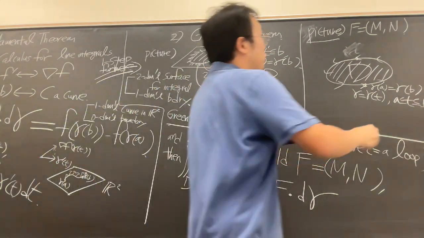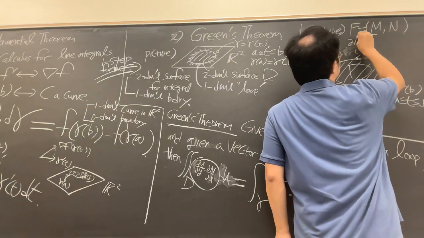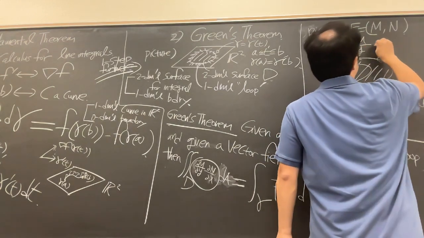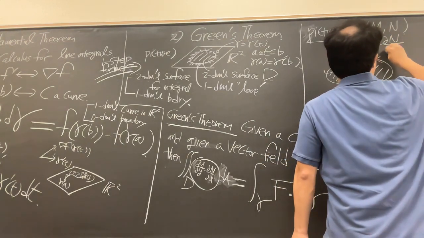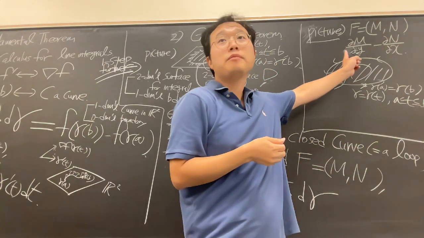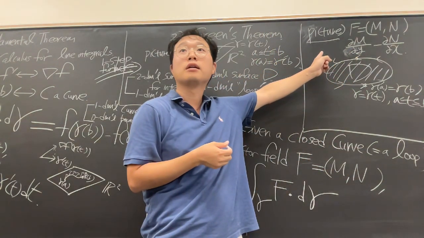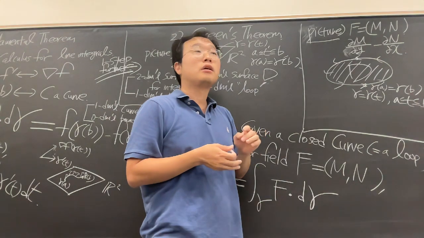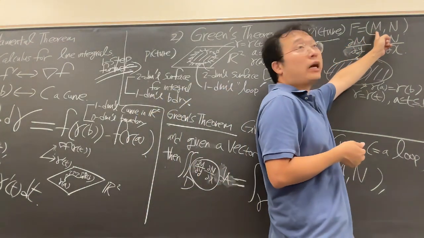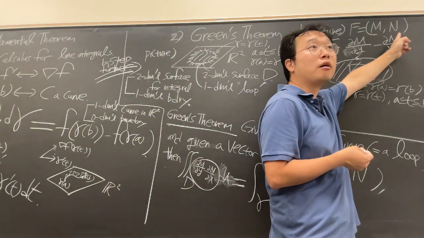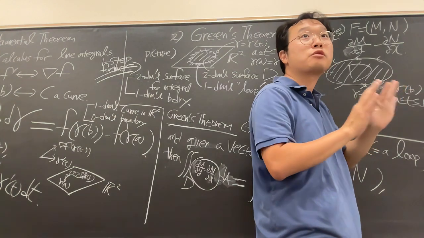Can you imagine with your own intuition what that really represents? M represents the x component, N represents the y component. So let's naively draw an xy plane.